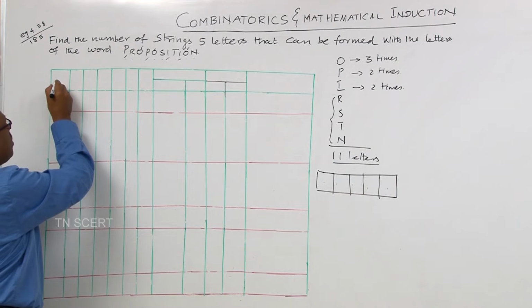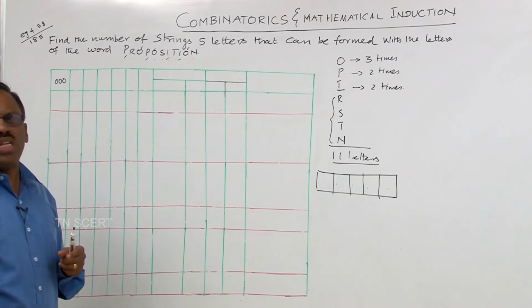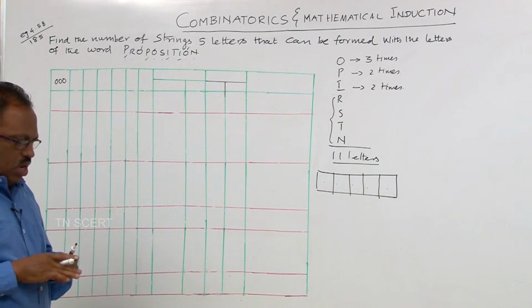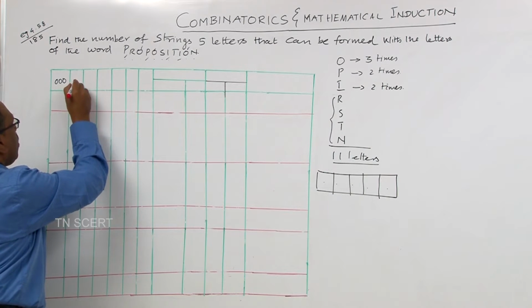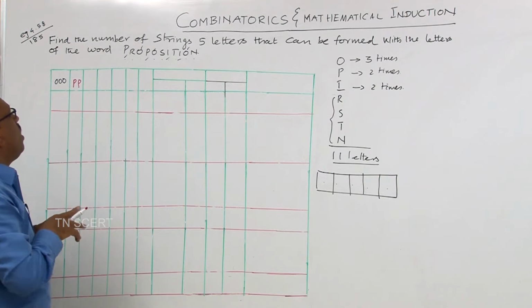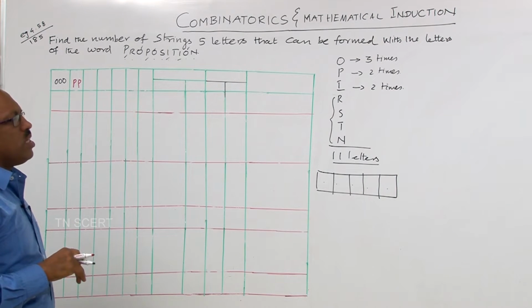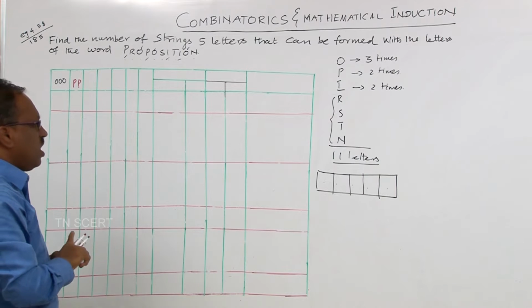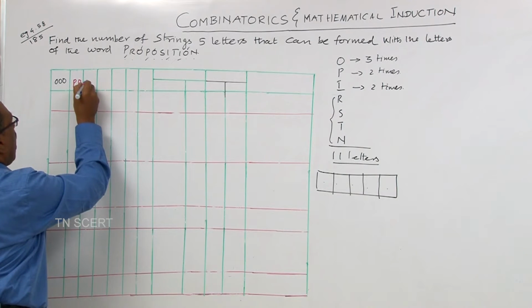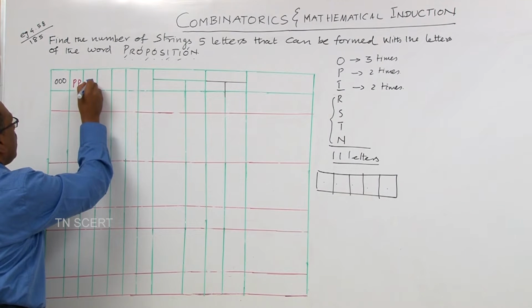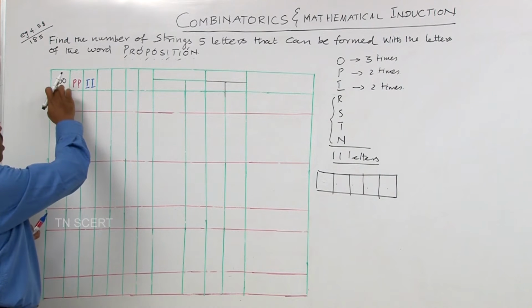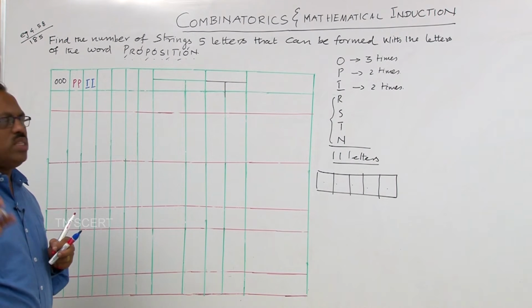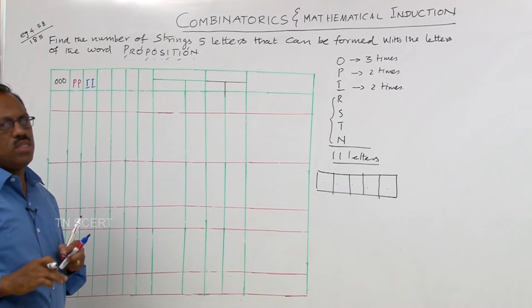O comes 3 times: O, O, O. Next, the letter P, P. It has come twice. Next, the letter I, twice. So O comes thrice, P comes twice, and I comes twice.